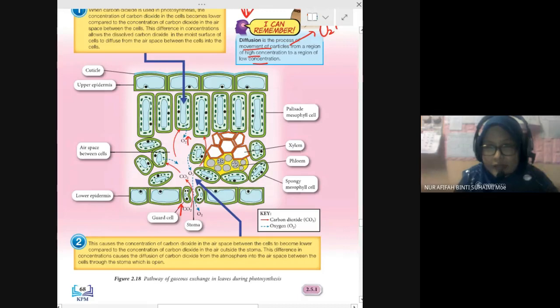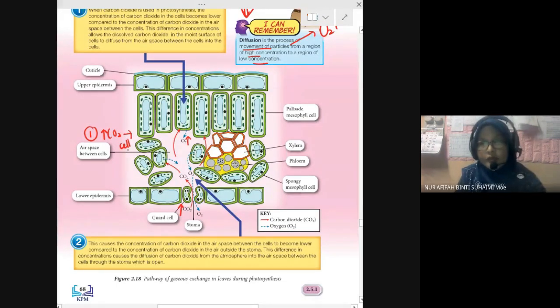The first process is from the air space. Number one, the air space between the cells has a higher concentration of carbon dioxide. So this carbon dioxide will diffuse into the plant cell, into the cell.